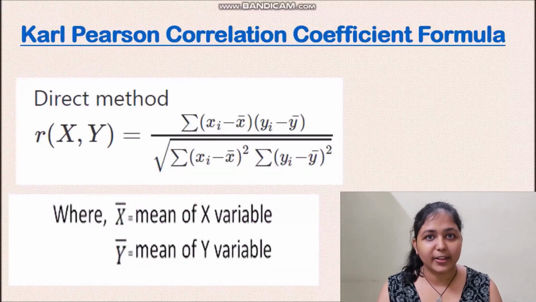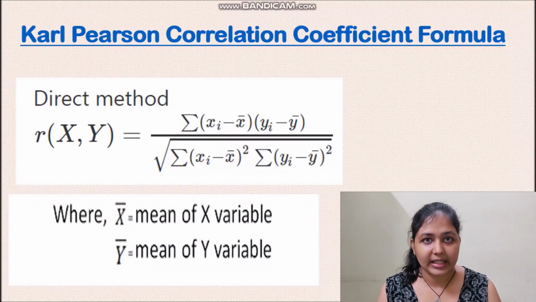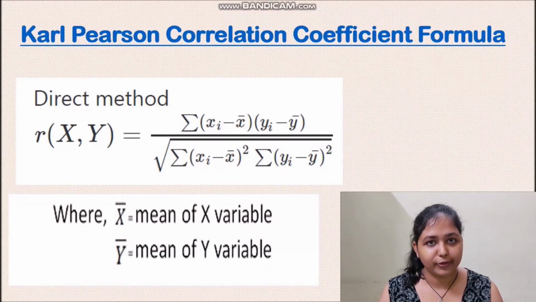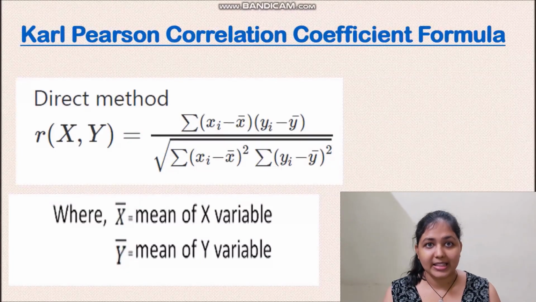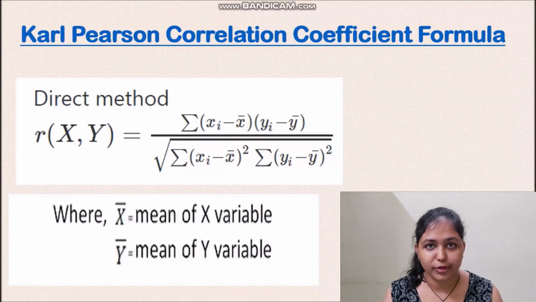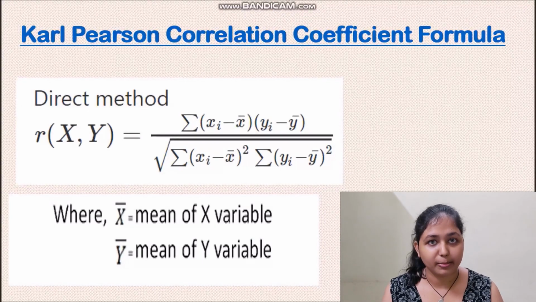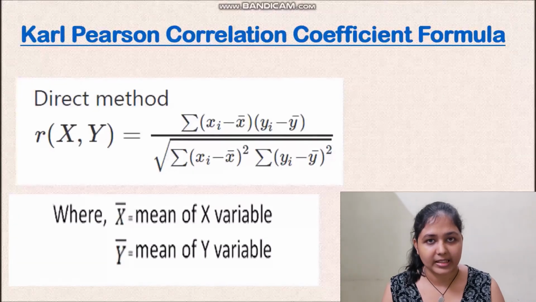Now let us look at the formula that was given by Karl Pearson. So here you can see Karl Pearson's coefficient of correlation. This is the formula that was given by him. We can see r, the symbol of the correlation coefficient. So r equals summation of (x minus x bar), where x bar is the mean of the variable x.